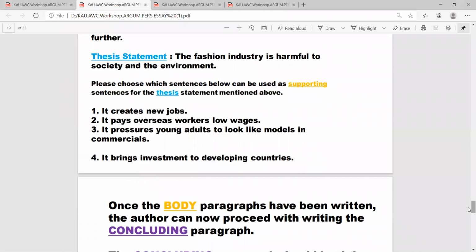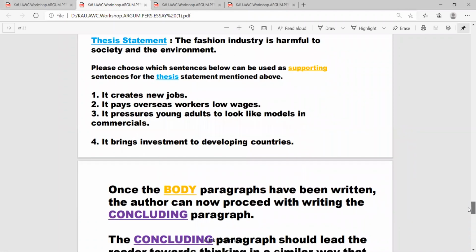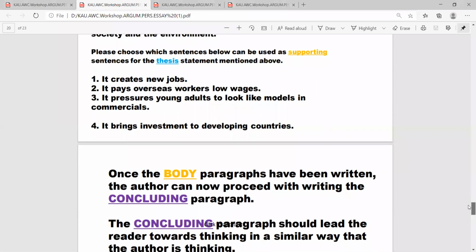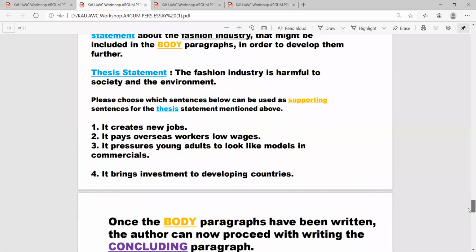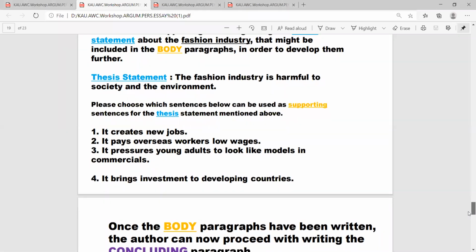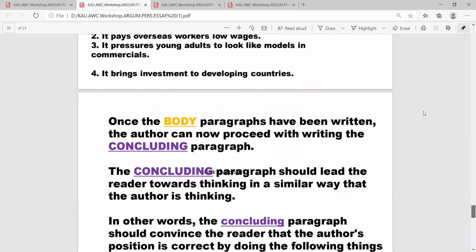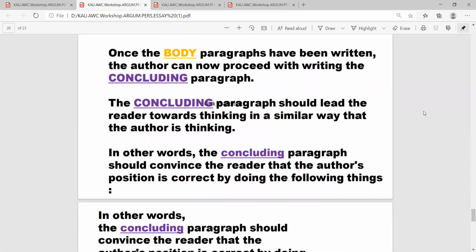Okay. Because they are both leaning towards the positive side of the fashion industry, and that's not what you want. You want to continue and put forth a statement that supports your own thesis or main idea, thesis statement.